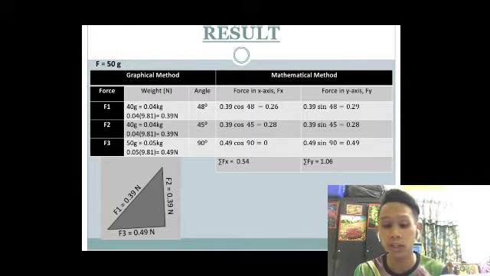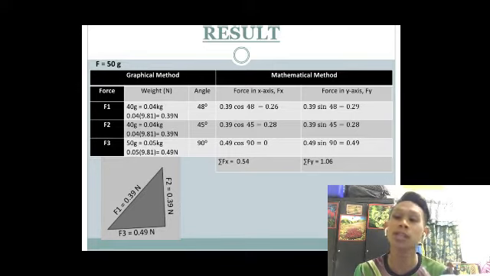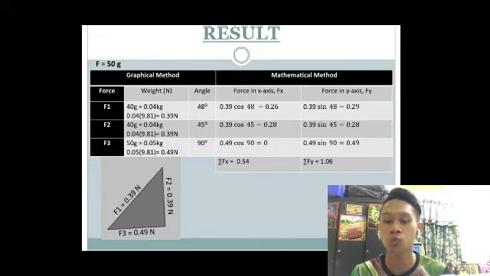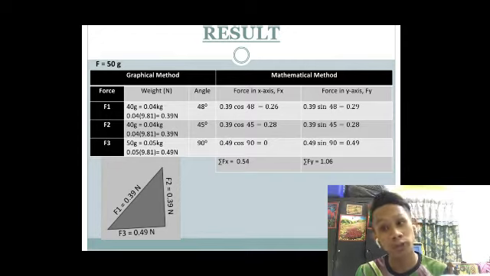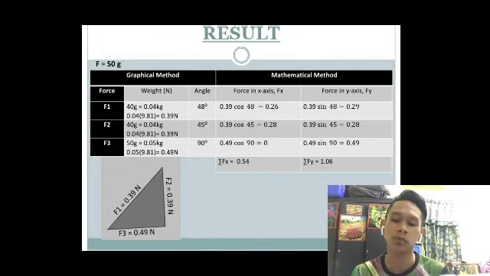For the 50 gram, for force 1 and force 2 we use the same weight. The weight is 0.392 Newton, but at different angles, which are 48 degrees and 45 degrees.